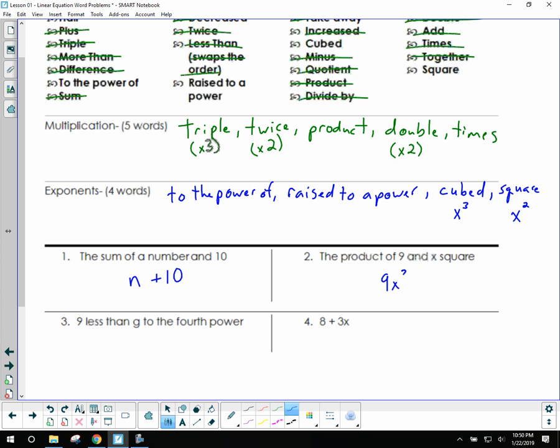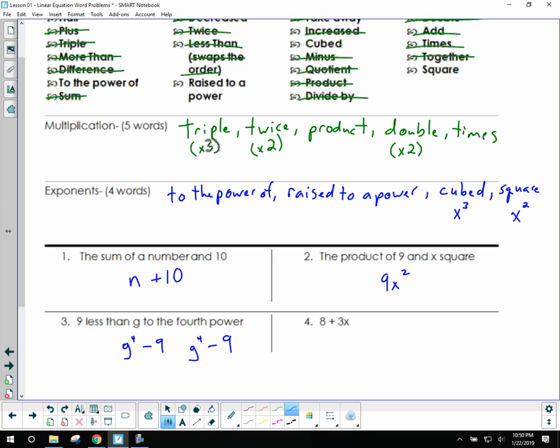Number 3, 9 less than g to the 4th power. This is a turnaround word. So g to the 4th power minus 9 is how you should write that. I don't like how that looks. Let me rewrite that. G to the 4th minus 9. I tried.